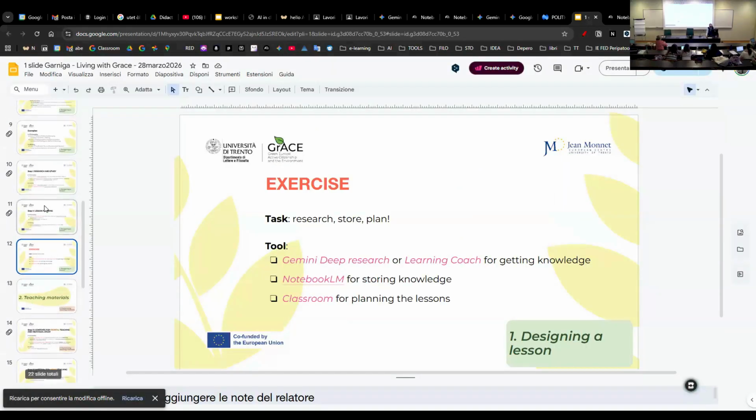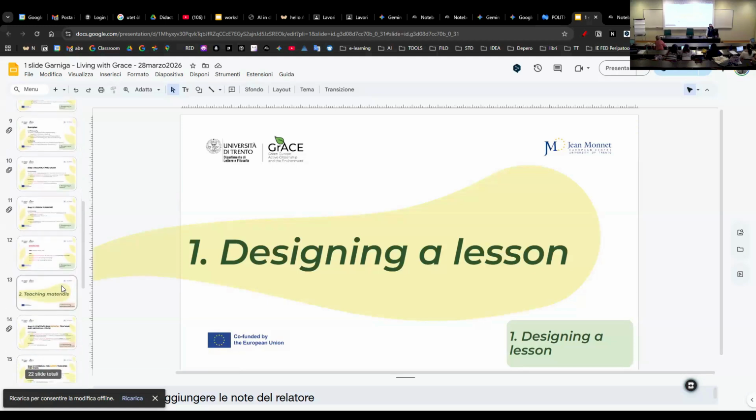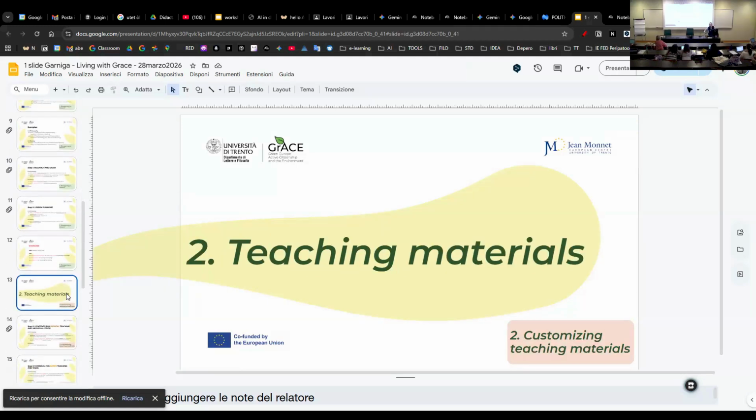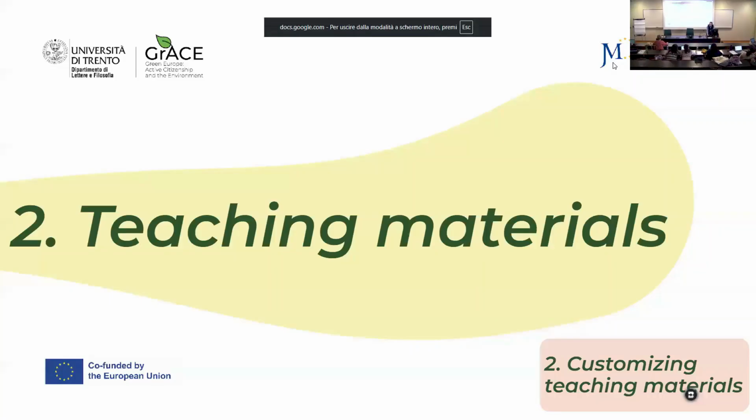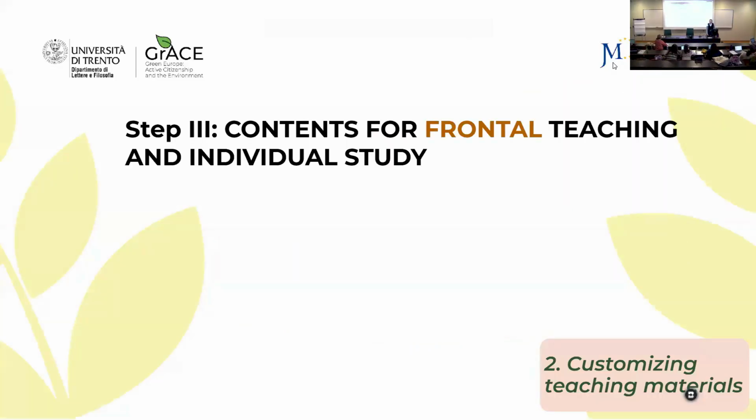So you've got the designing part. Okay, understanding, digging into contents. But how do I customize? How do I prepare my teaching material? And I'm going to ask you to do the same. Okay, remember the 2 dimensions of our teaching, frontal and active. For the frontal, what do we need? How do we teach today? How do you teach in your class?